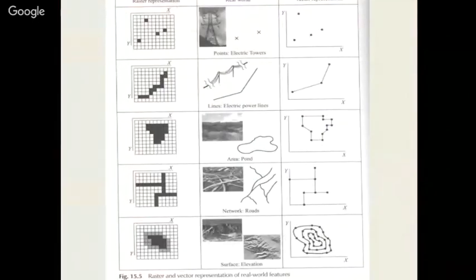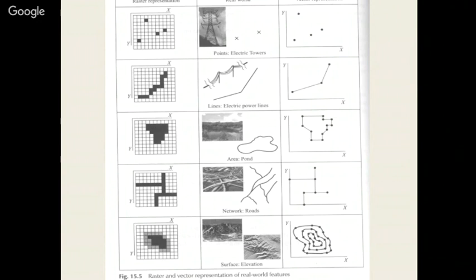Here we can see how the real world is represented differently in raster and vector representation. An electric tower is represented as a point in the vector representation, while in the raster representation it would use a cell or a grid. Electric power lines are drawn using various grids in the raster representation, while in vector it's only point and line data.